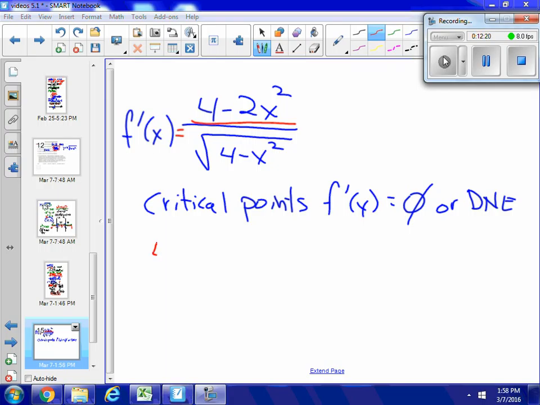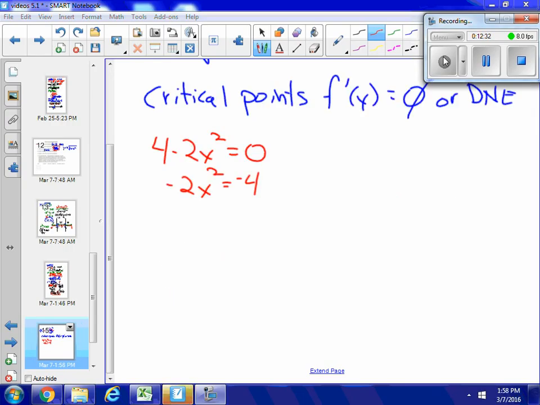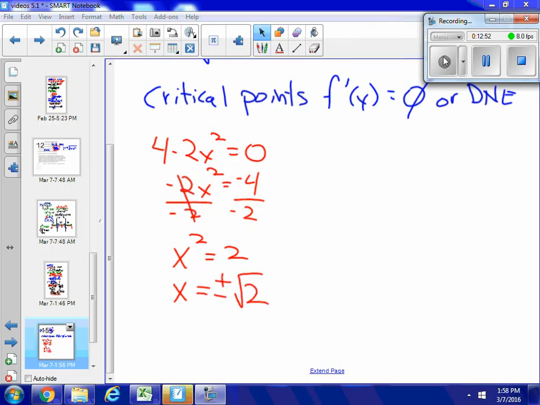So 4 minus 2x squared equals 0, because anything divided into 0 is going to be 0. So I have negative 2x squared is equal to negative 4. I divide both sides by negative 2. I get x squared is equal to 2. So I get x is equal to plus or minus the square root of 2.